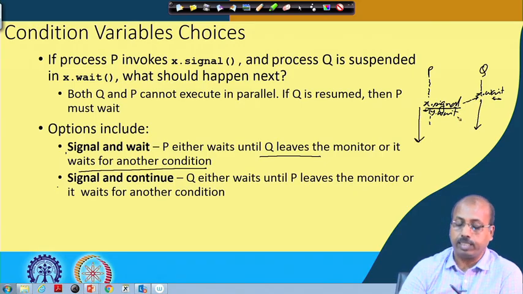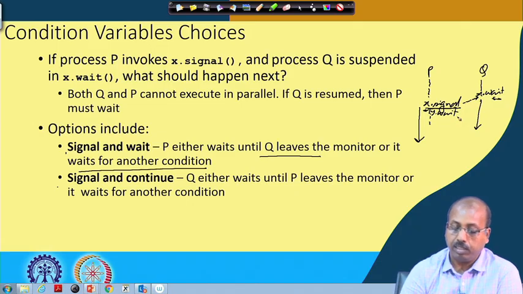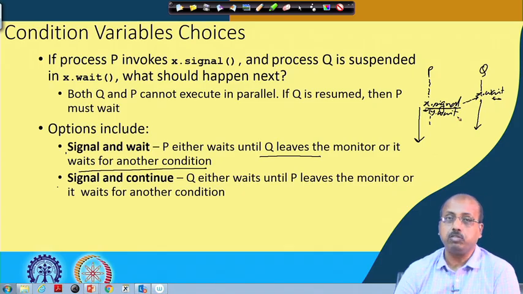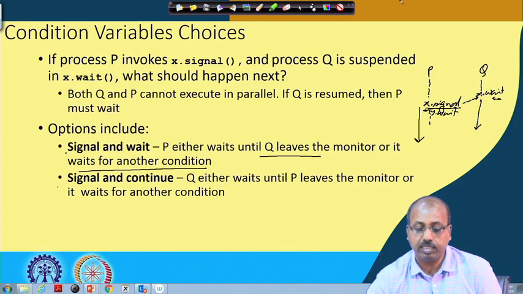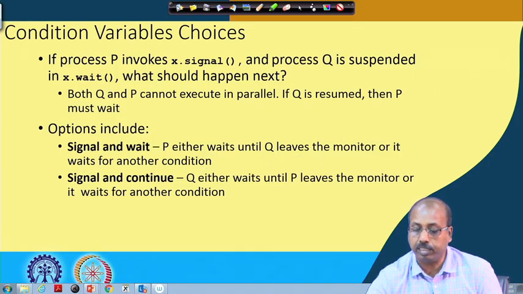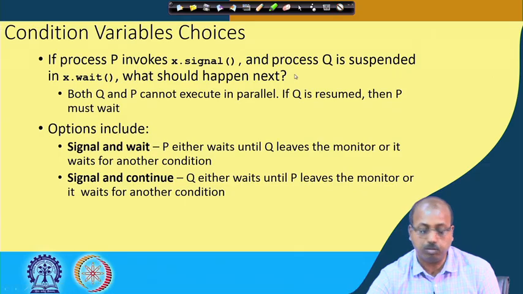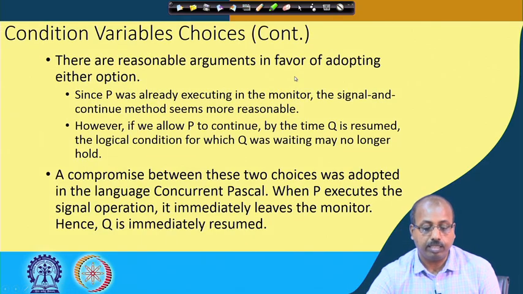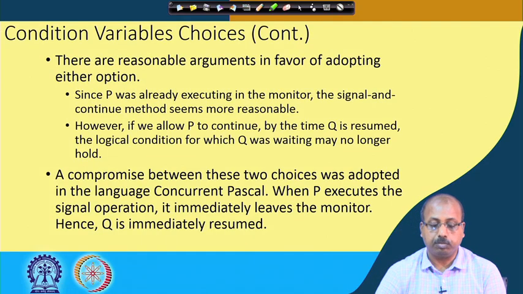These are the two options available: signal and wait, where the signaling process is made to wait, and signal and continue, where the signaling process continues, but the signaled process is made to wait. These implementations are possible, and the OS designer has to choose one such alternative.